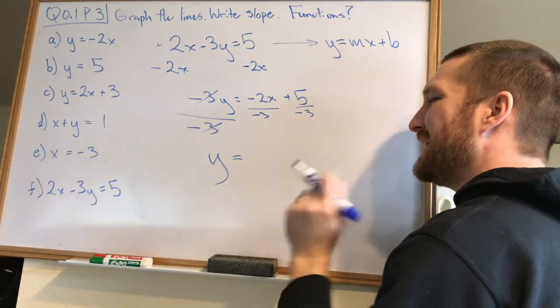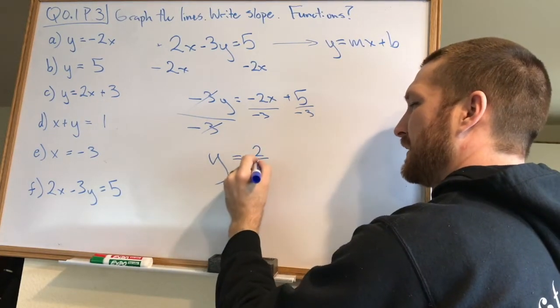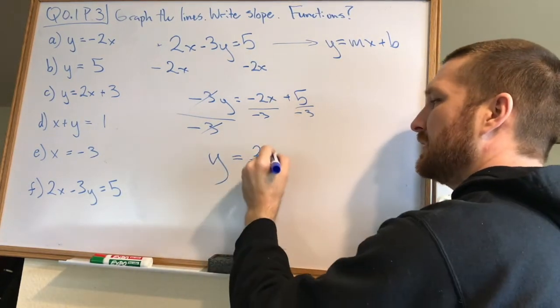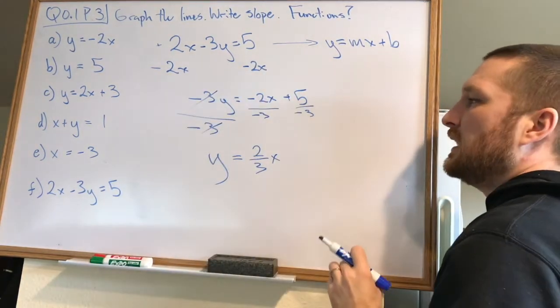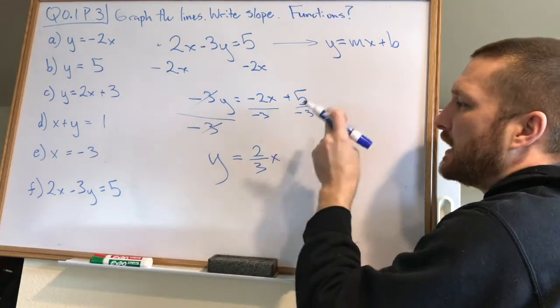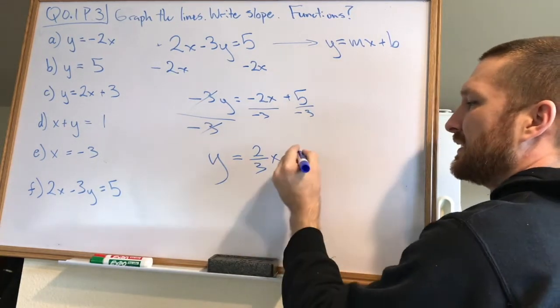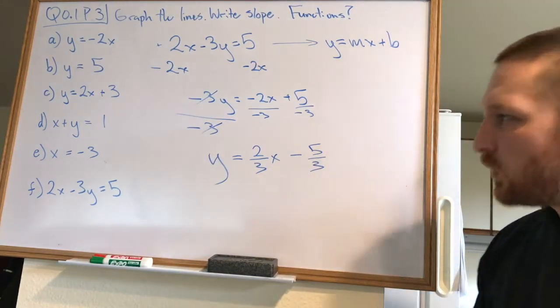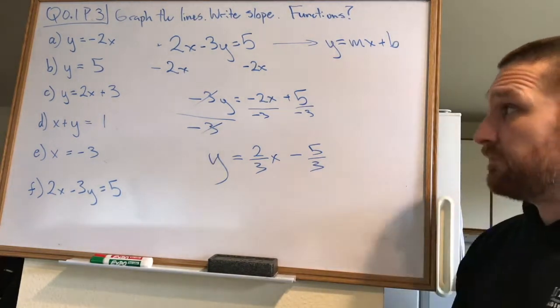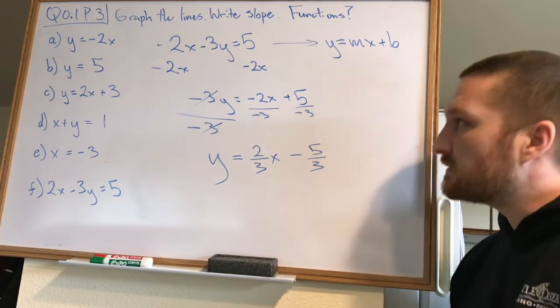Negative 2 divided by negative 3 is the same thing as positive 2 divided by positive 3x. Kind of just pulling that x out there. Now, positive 5 divided by negative 3 is the same thing as negative 5/3. That's one way we could do it. And that's the systematic way.